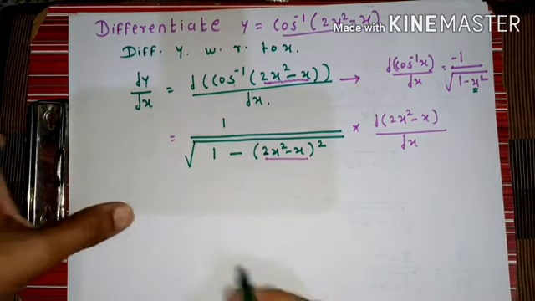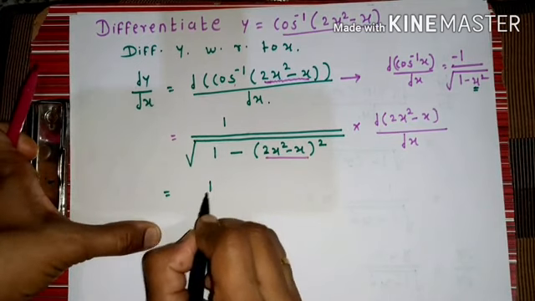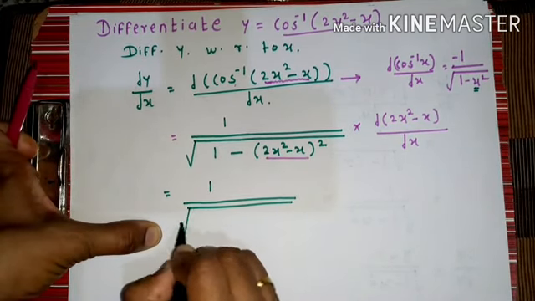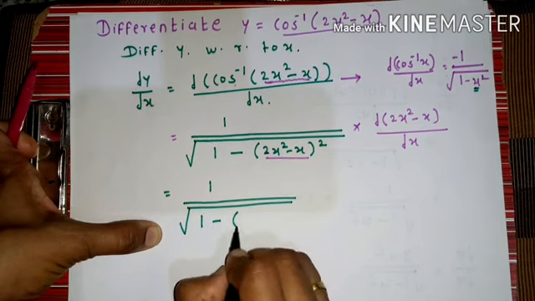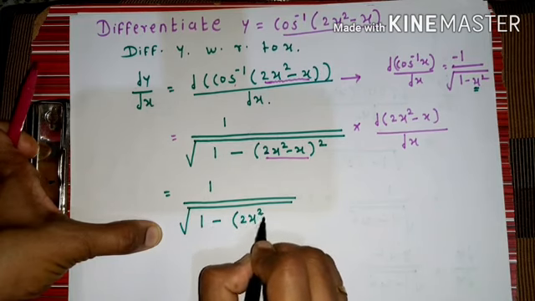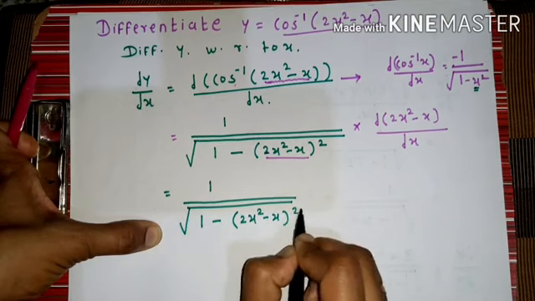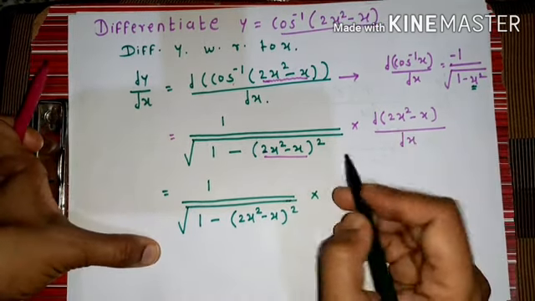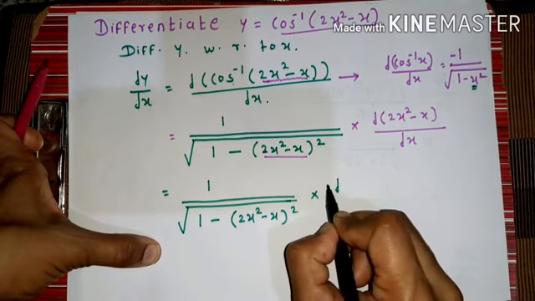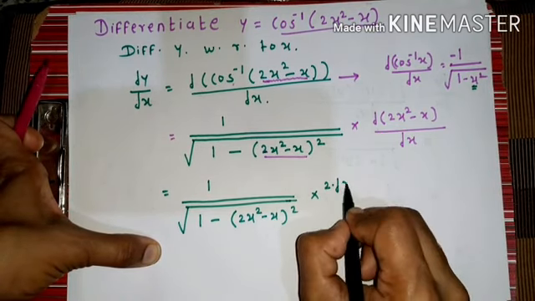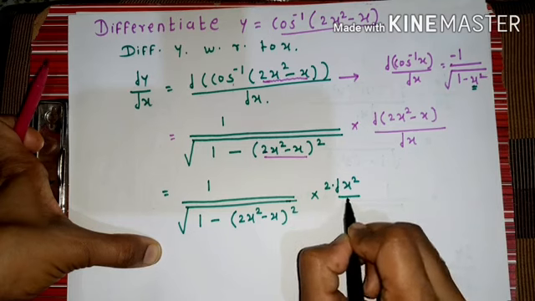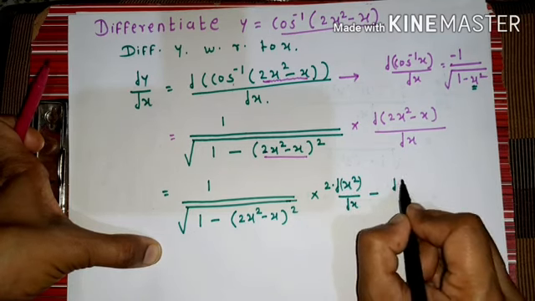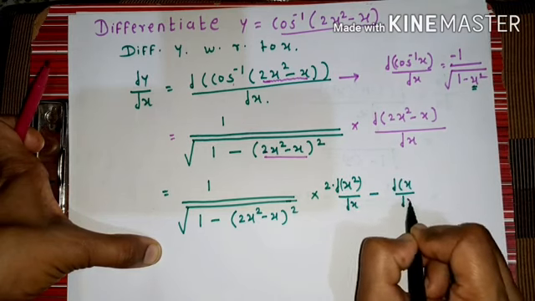In this way. And this is equal to 1 upon square root of 1 minus 2x square minus 1 whole square into differentiation of 2x square minus 1, which is differentiation of 2 as a constant, differentiation of x square with respect to x, minus differentiation of 1 with respect to x.